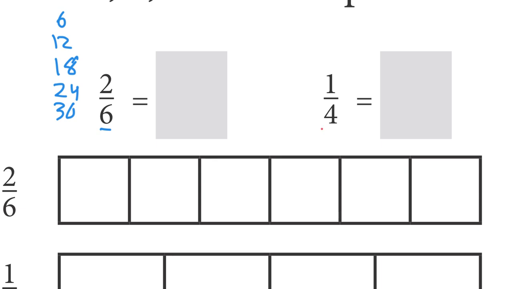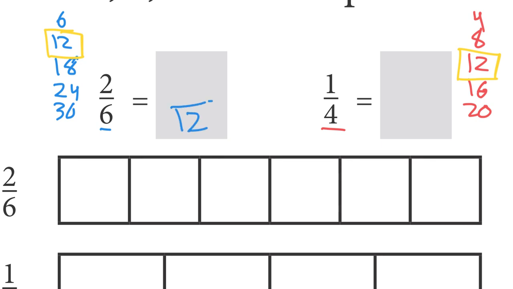And then if I call 4 the red side and I count by 4s, I have 4, 8, 12, 16, 20, and it goes on forever. But I've already seen that there's a 12 in common here and a 12 in common here. So I know that I can have 12ths and 12ths. And then I will have the same denominator, a common denominator for both numbers.